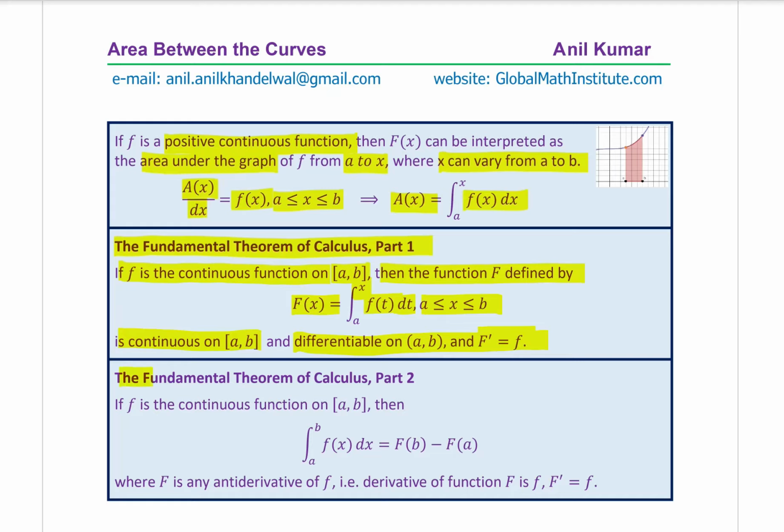Now, the fundamental theorem of calculus part 2 gave us a mechanism of calculating this integral, and that says that if f is a continuous function on the closed interval a to b, then the definite integral between a and b of f of x dx is F of b minus F of a, right?